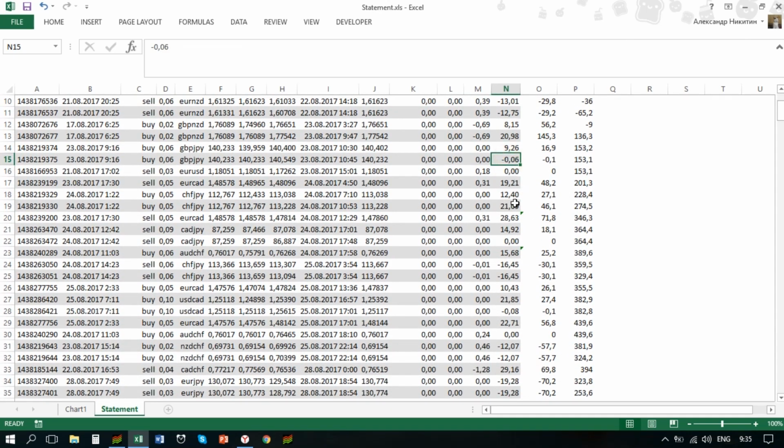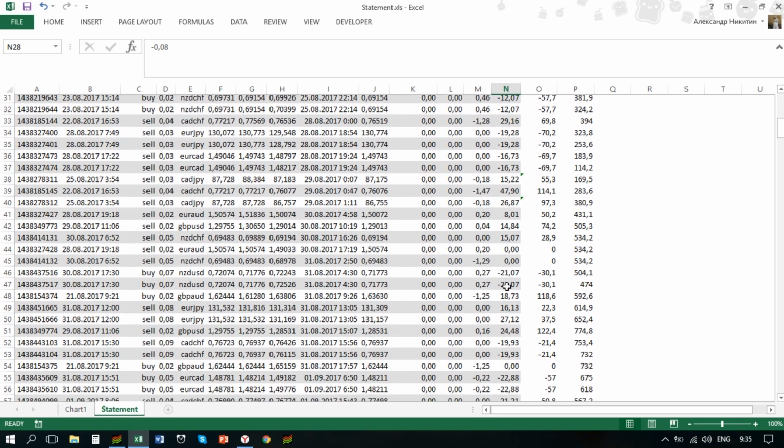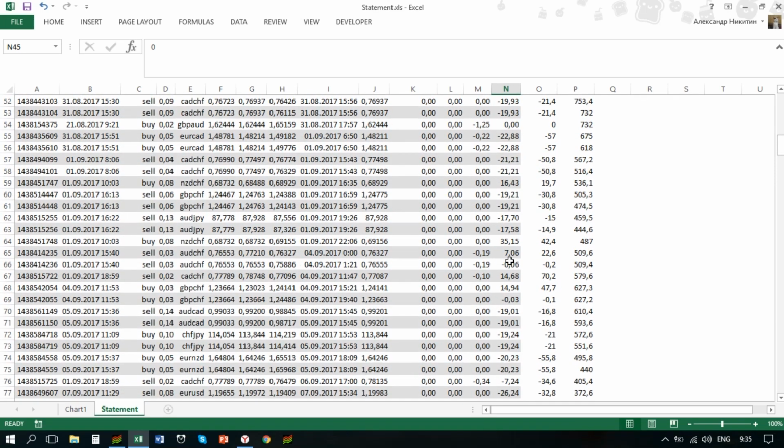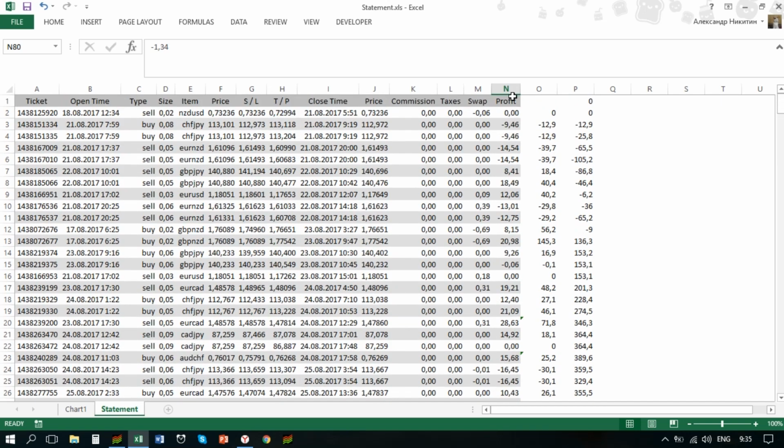Minus 0.06. You see, it should be break even, but because of slippage or whatever, I had that slightly minus, and now it calculates that I have fewer winners. So you have minus 0.08. You see that? This is 0, this is 0. Here I have some minus again, some minus trade, minus 1. They are slippages.